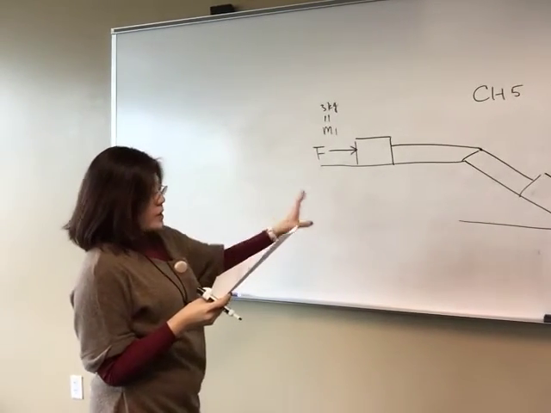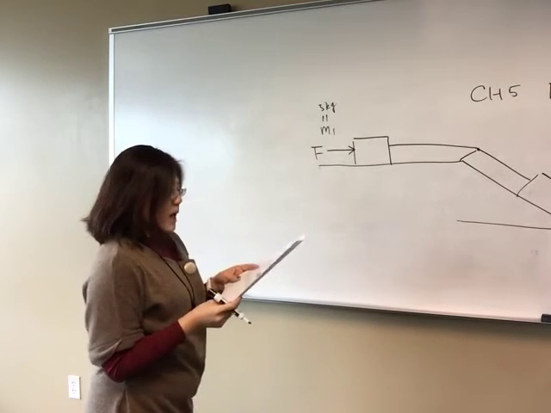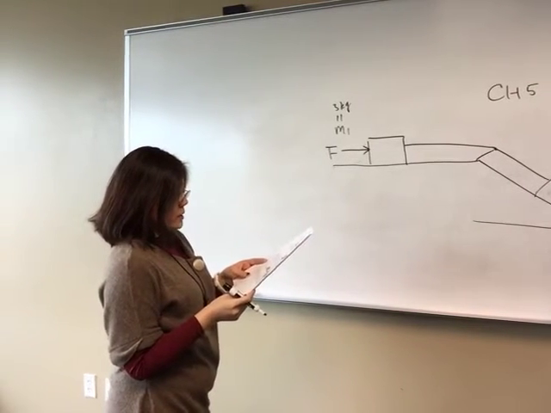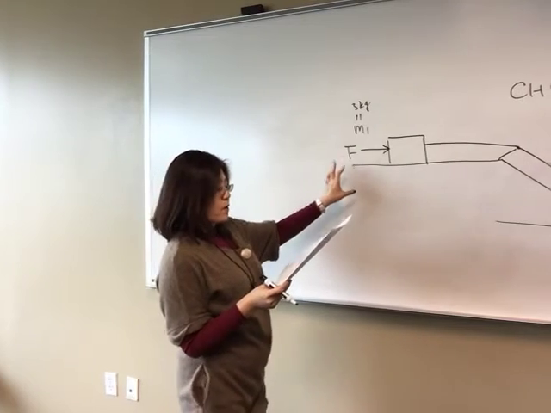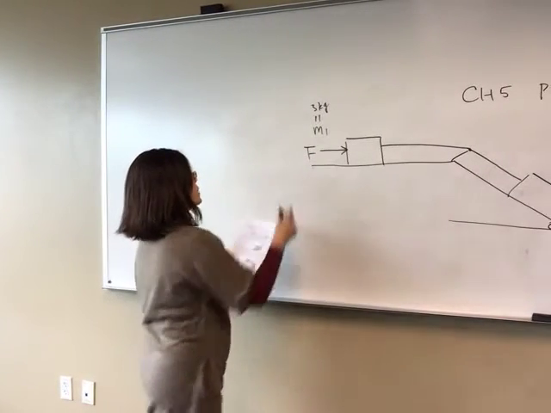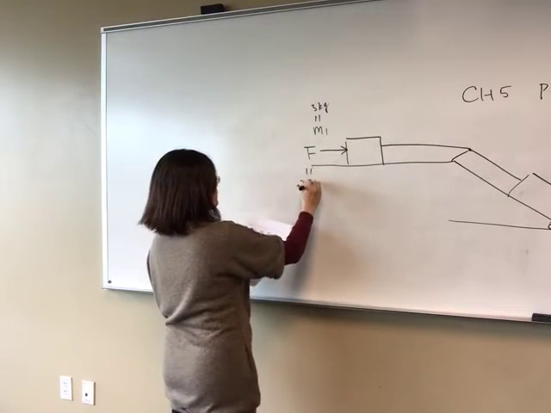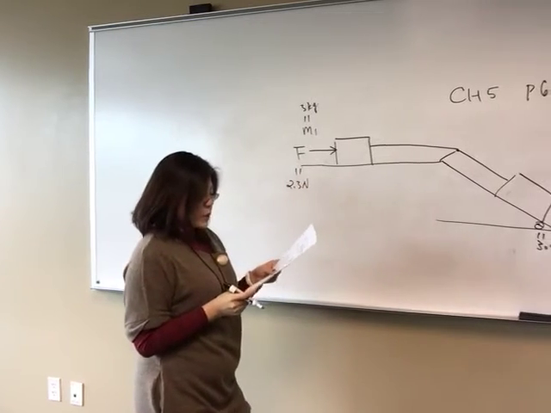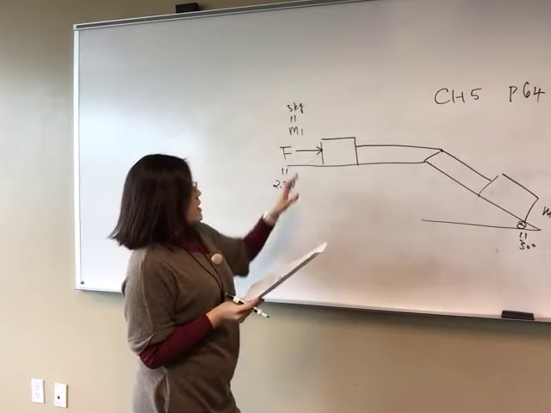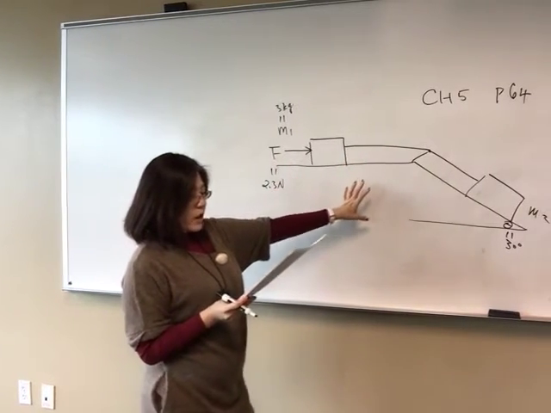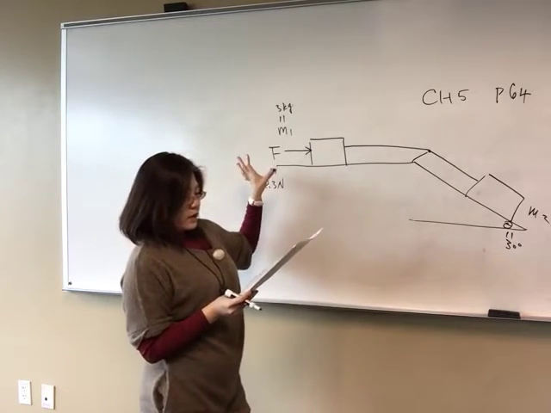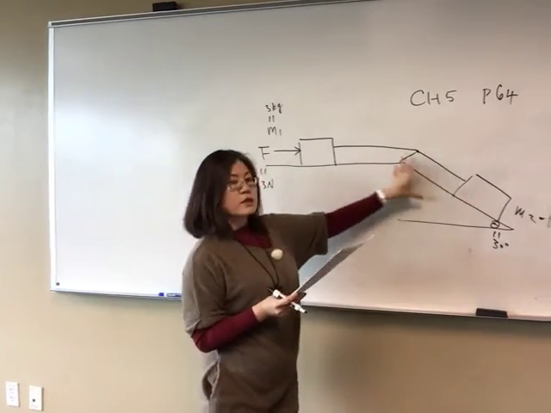The pulley is frictionless and massless. What is the magnitude of the horizontal force? If the magnitude of the horizontal force is 2.3 Newton, so that is given, what is the tension in the cord? And what is the largest value that force may have without the cord being slack?